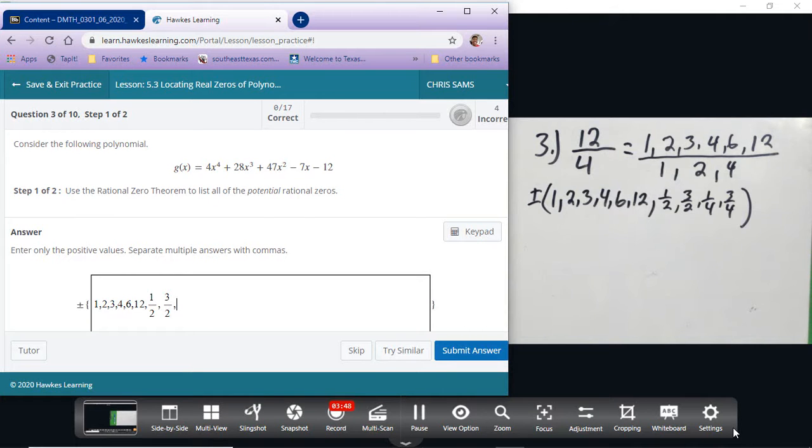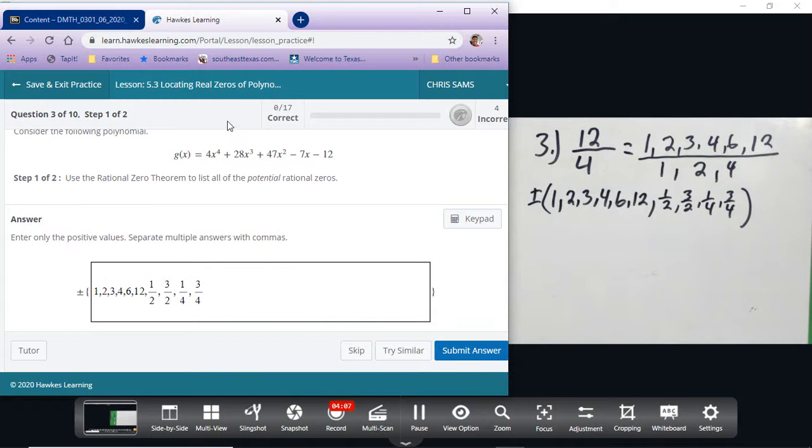Make sure you separate each number with a comma. 1/4, and 3/4. Okay, so this is how it works when you have a leading coefficient. It's been 1 on the few examples we've done, but here's how you do it when you don't have 1.